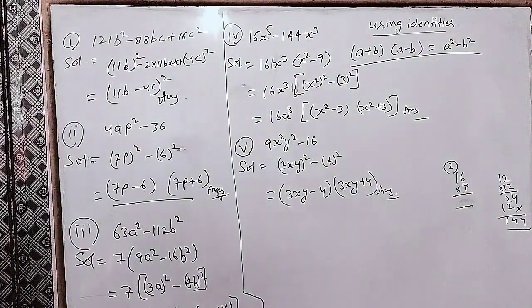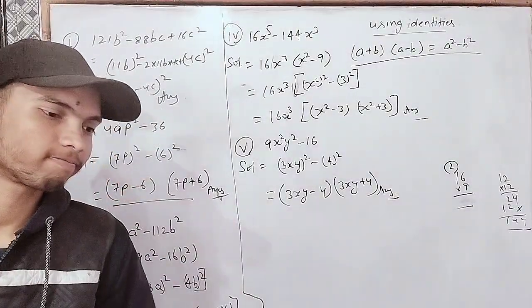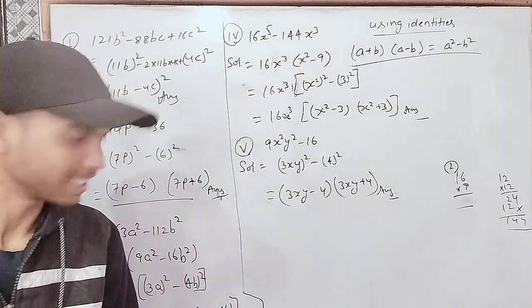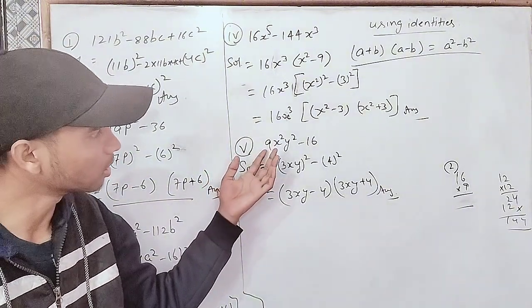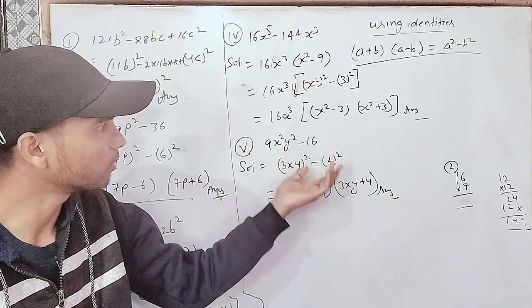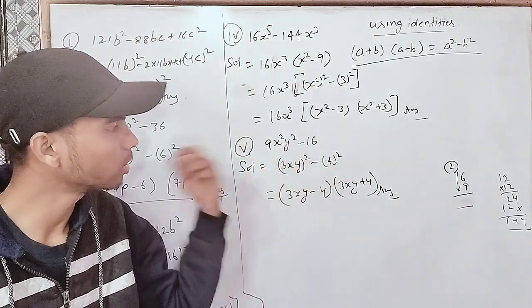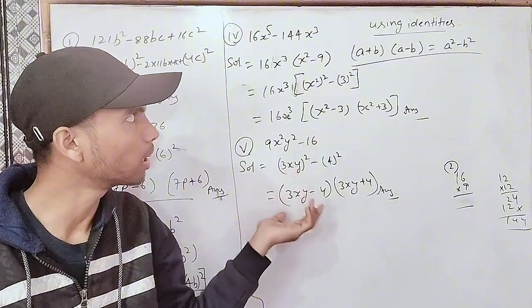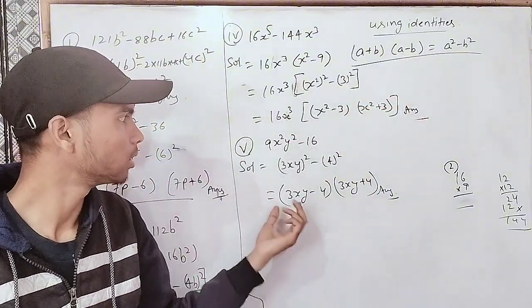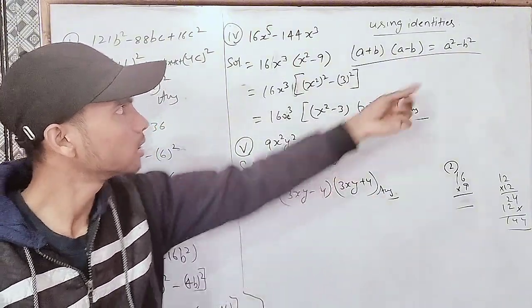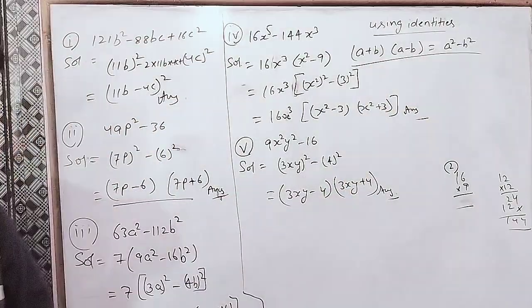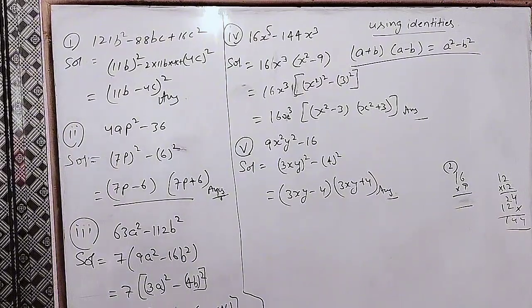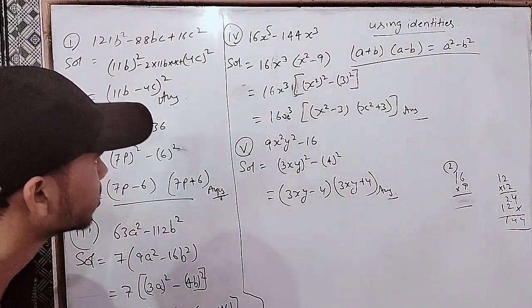Are you clear? So here what we did is simple. 3 3s are 9 and 4 4s are 16. We got a square minus b square. We applied this method. We had this equation, then we should have this equation in our answer, and we have now this. Clear? So next, brother.